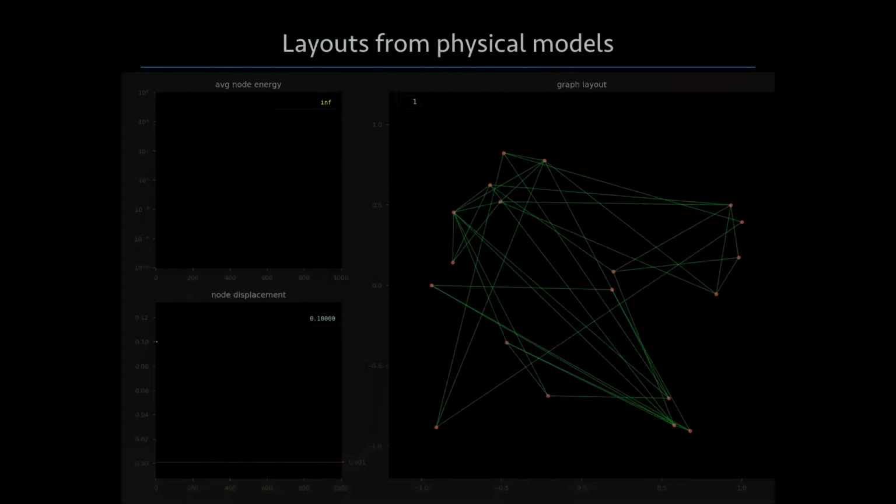So here are the random positions. This is the same graph. You cannot recognize it, but it's the same graph with vertices placed in random positions. On the left side, there are some plots that I will explain later.